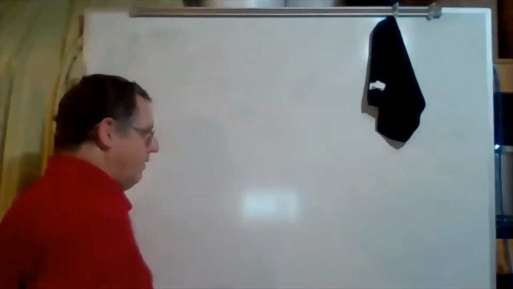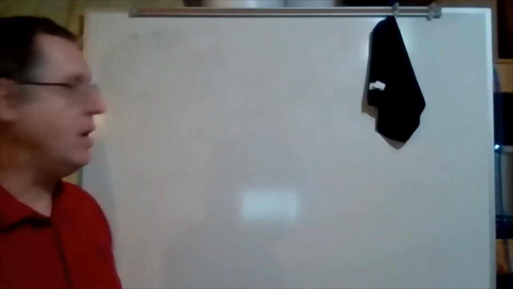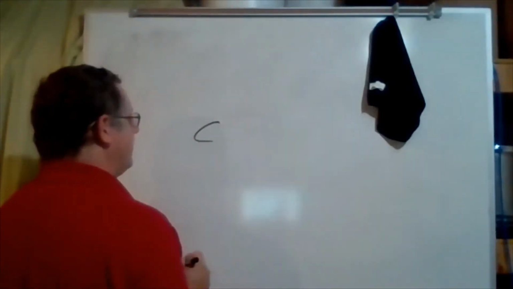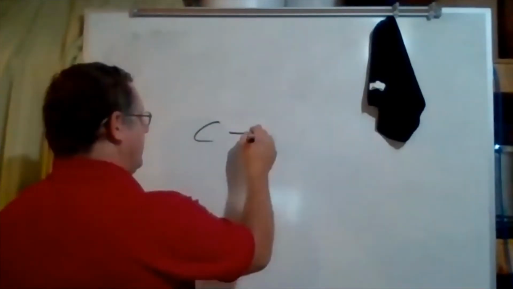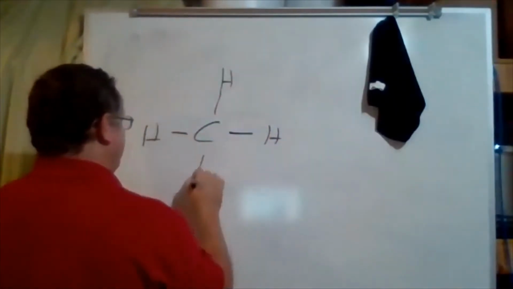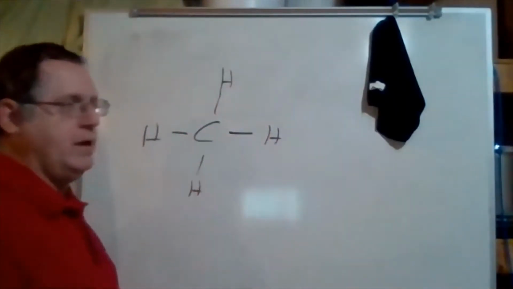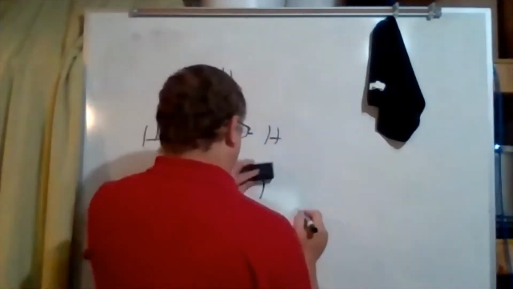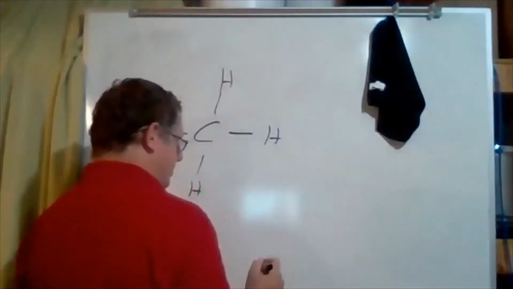Okay, but what if I have something else like carbon? Okay, carbon is going to bond with hydrogen to give us CH4. But when I look at the electron configuration for carbon, I'm going to find, well, we'll skip the 1s because that's a shielding layer.